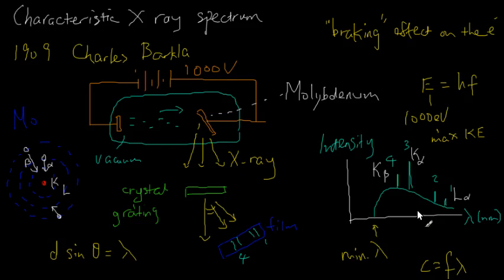So the L alpha refers to the transition from the third to the second shell, and the next one is called L beta and refers to the transition from, let's see, 1, 2, 3, the fourth shell to the second shell. So that's L beta. And so that's the fourth shell here that we need to think about.